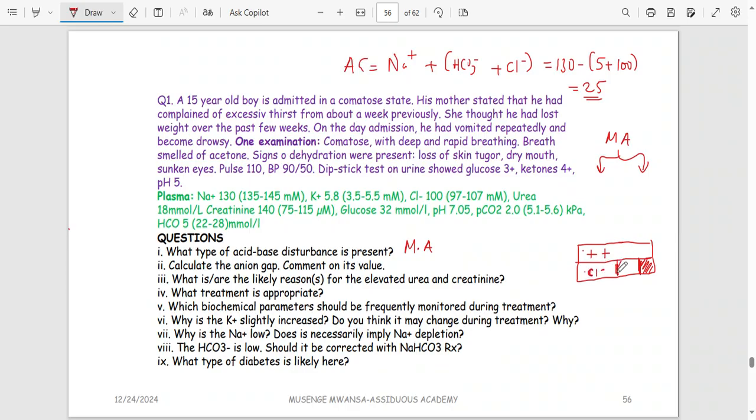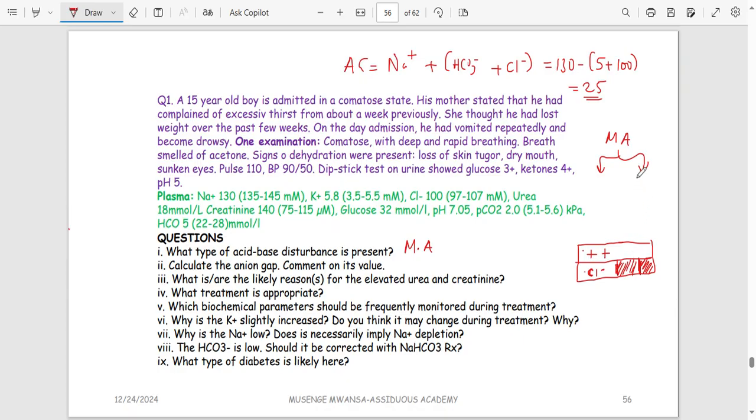Chloride will take up that space where bicarbonate has been lost. So the loss of bicarbonate correlates to increase in chloride. So that's known as hyperchloremia.